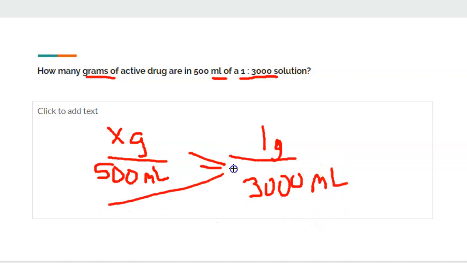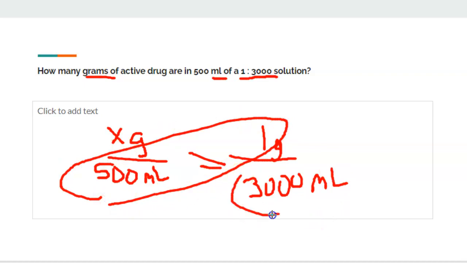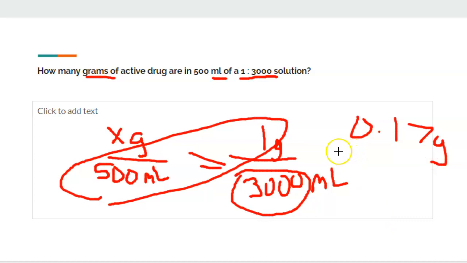Now we can do our cross multiplying and dividing. 500 times 1 is 500, and then we divide that by 3,000. 500 divided by 3,000 ends up being 0.17 grams. And that's our answer right there.